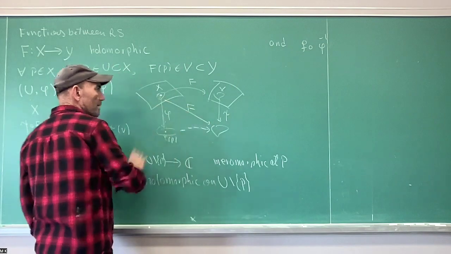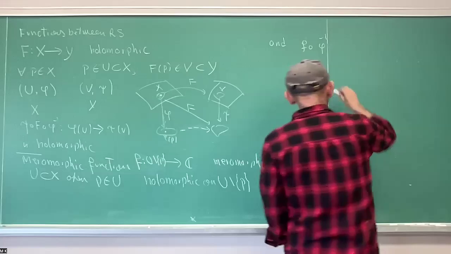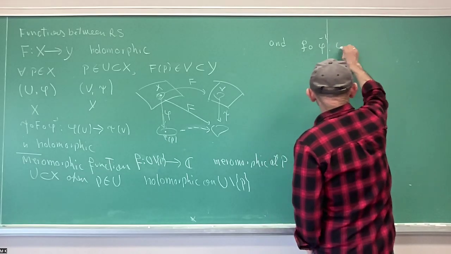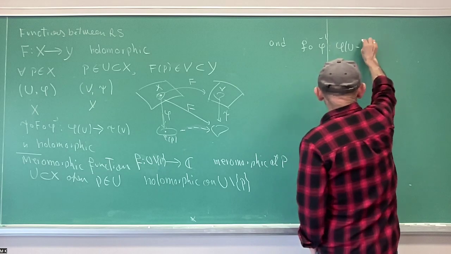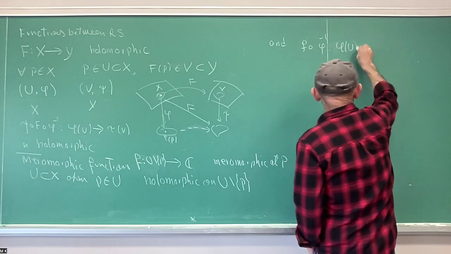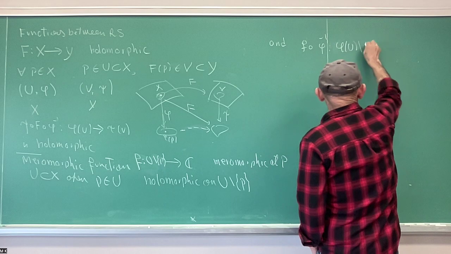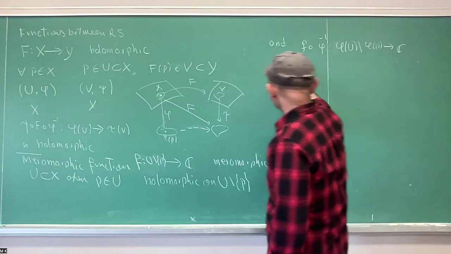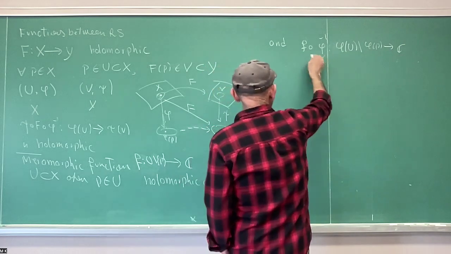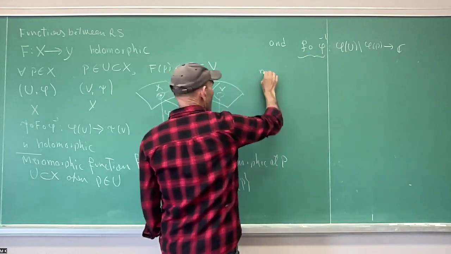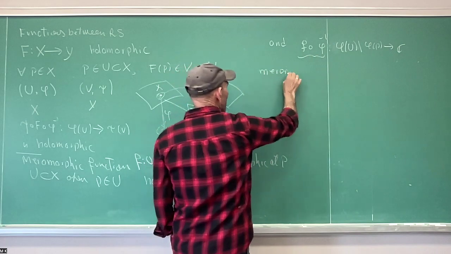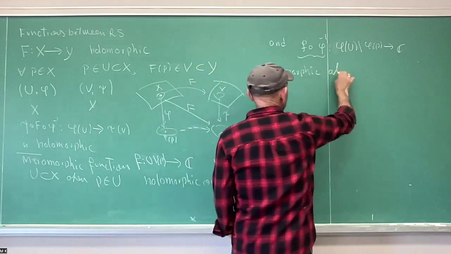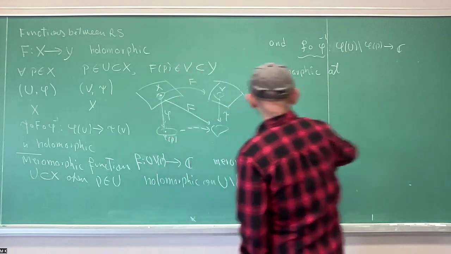If you do this, then in this coordinate, this goes from phi of U take away p to C. So this function is meromorphic at phi of p.